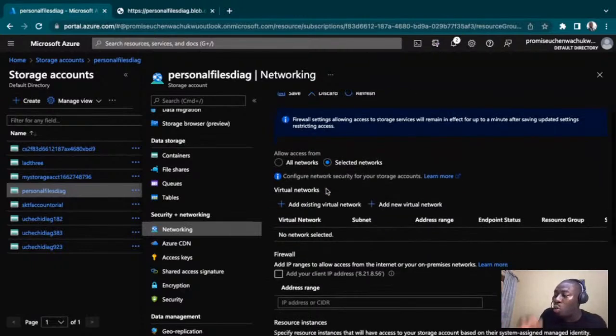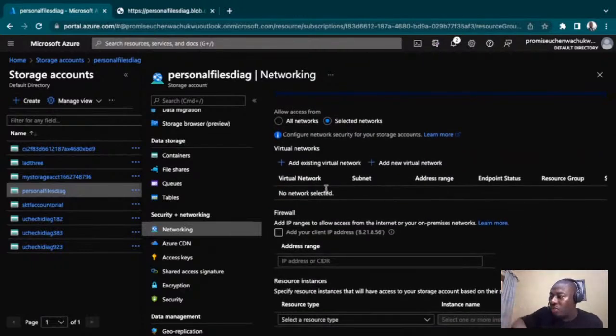I want to restrict which IP, virtual network, or public interface can have access to this storage account. Here you can see I can add an existing virtual network, I can add a new virtual network, or I can add a range of IPs, meaning on-prem IPs that should have access to this.